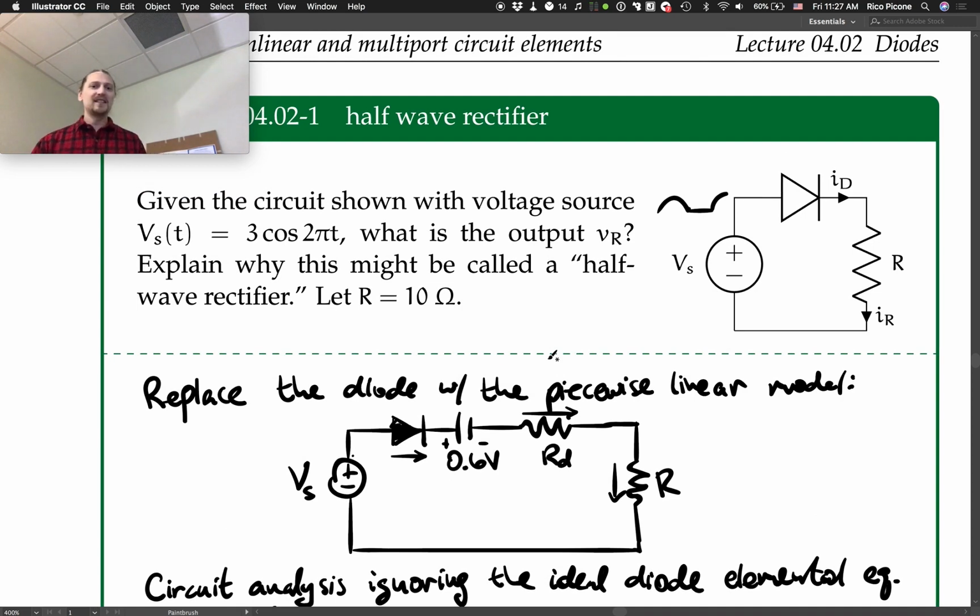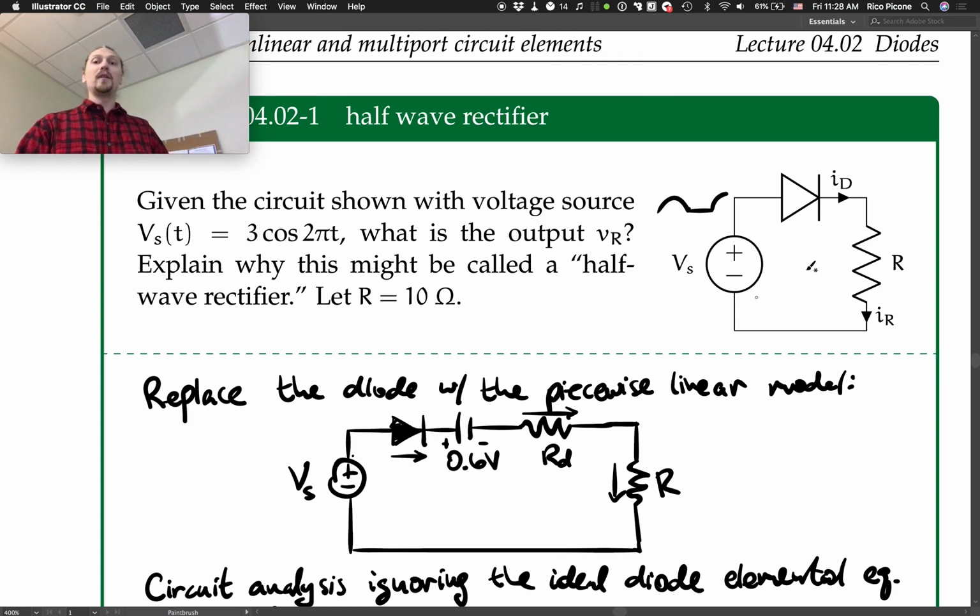So the first is we want to know what VR is, right? That's what we want the solution for. So VR is our goal, and we want to write it in terms of the voltage drop across the diode, VD, and alternatively, in terms of the current through the diode, ID, because when we do our method of assumed states, those are the 2 variables that we get assigned in that assumption.